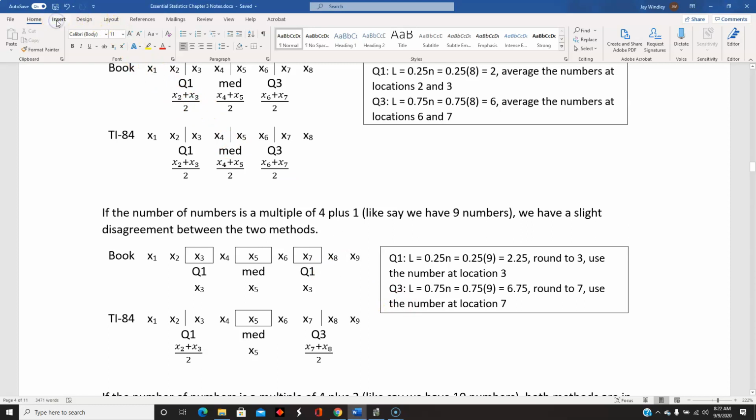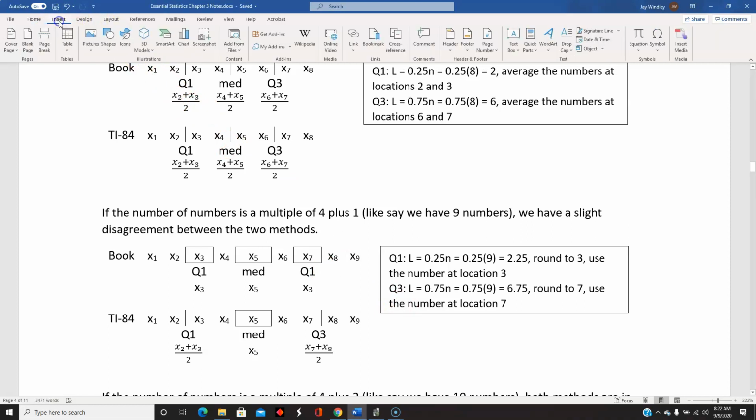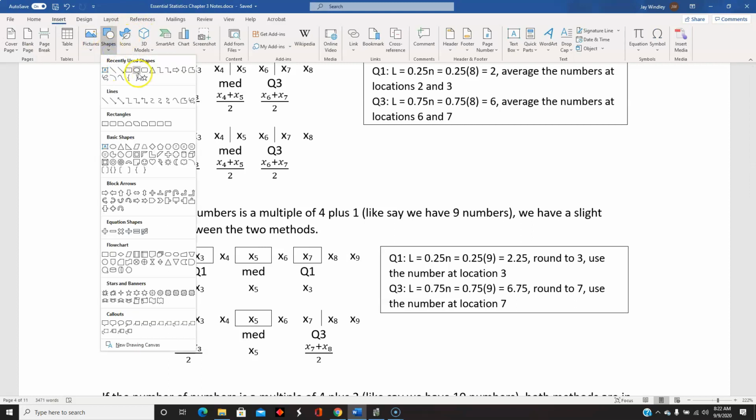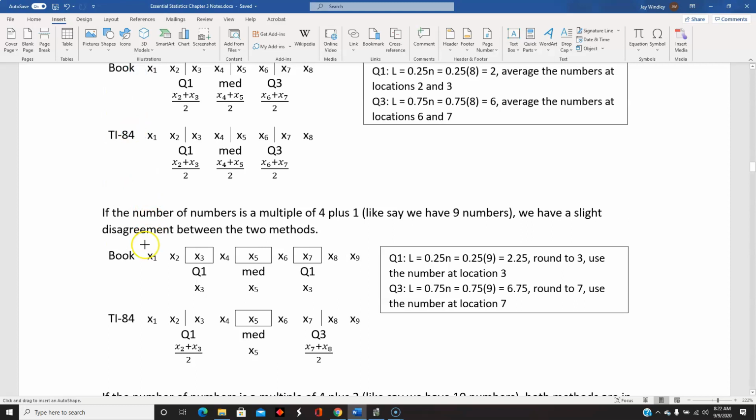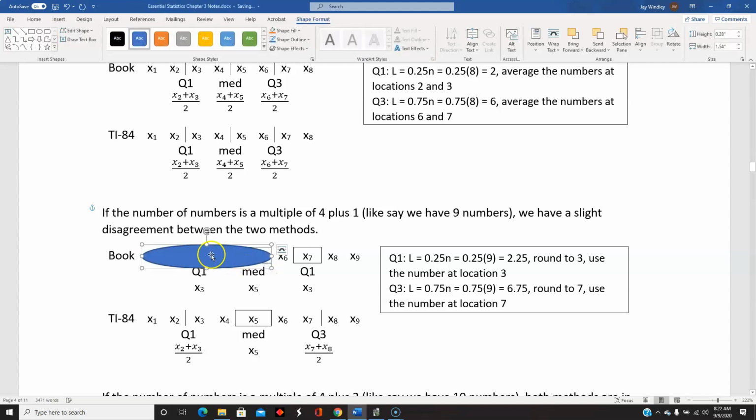Notice that this is as if they're including the median in the bottom half and saying those 5 numbers have x3 in the middle.